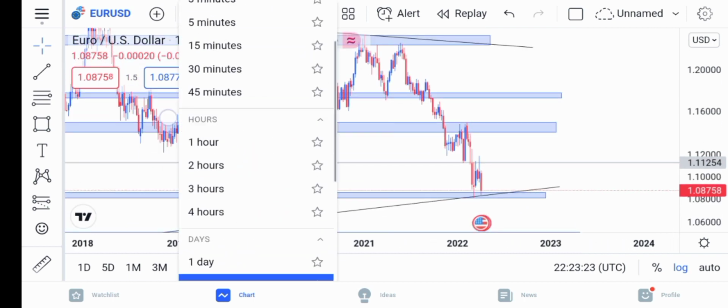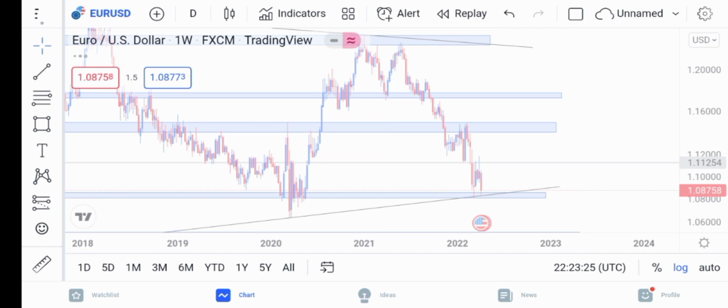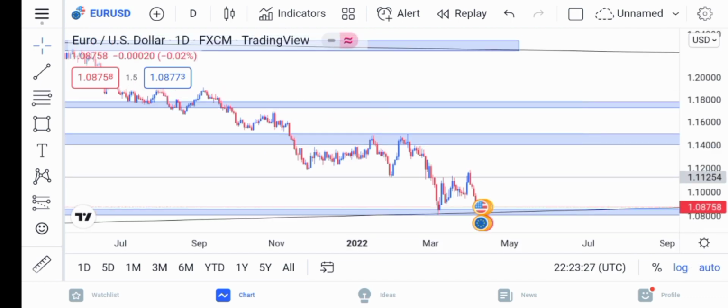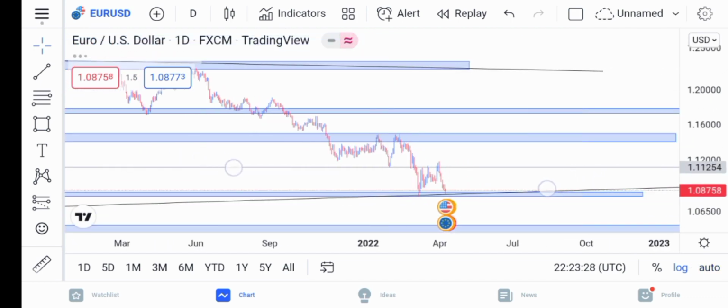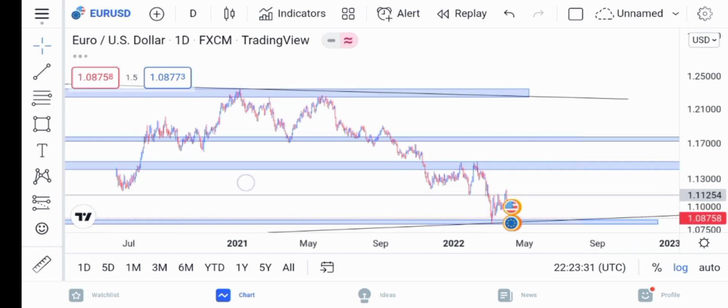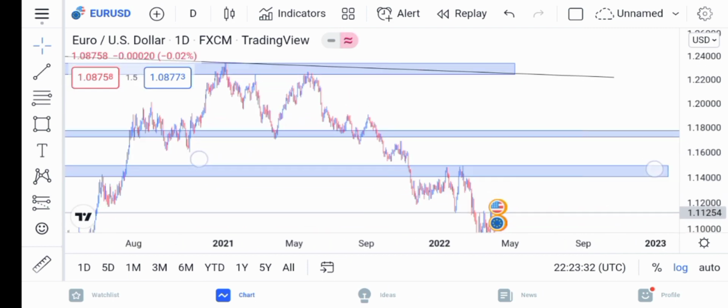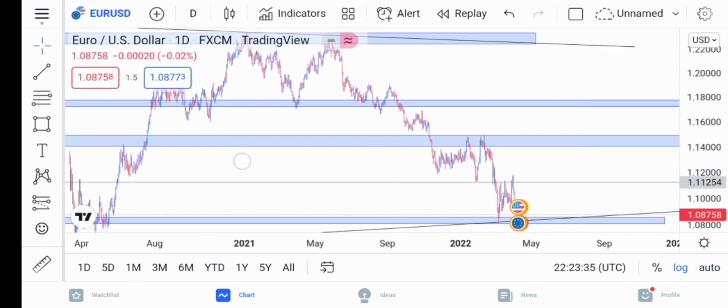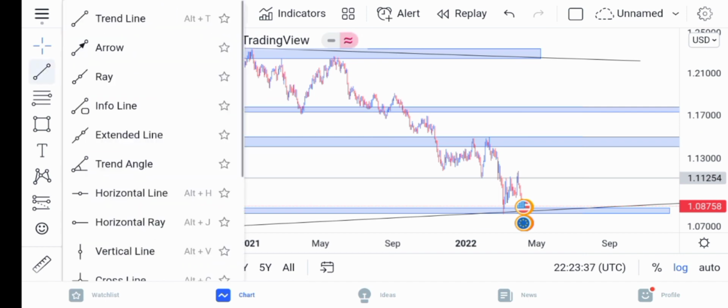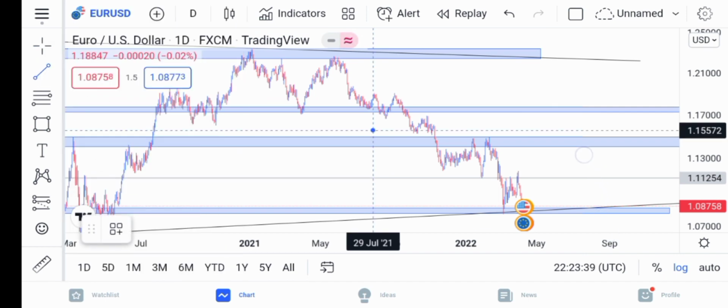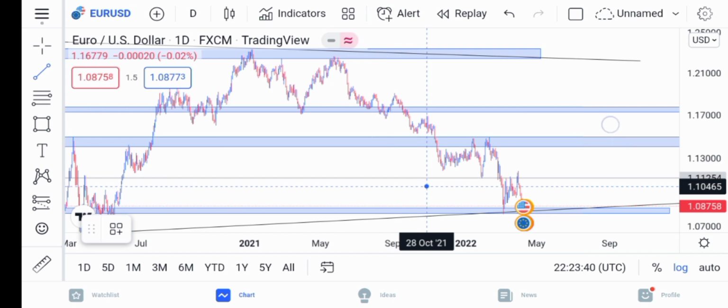Let us move to the daily time frame actually to see what's really going on, because now I'm quite confused. I don't really know what's going on. Okay, what am I seeing?